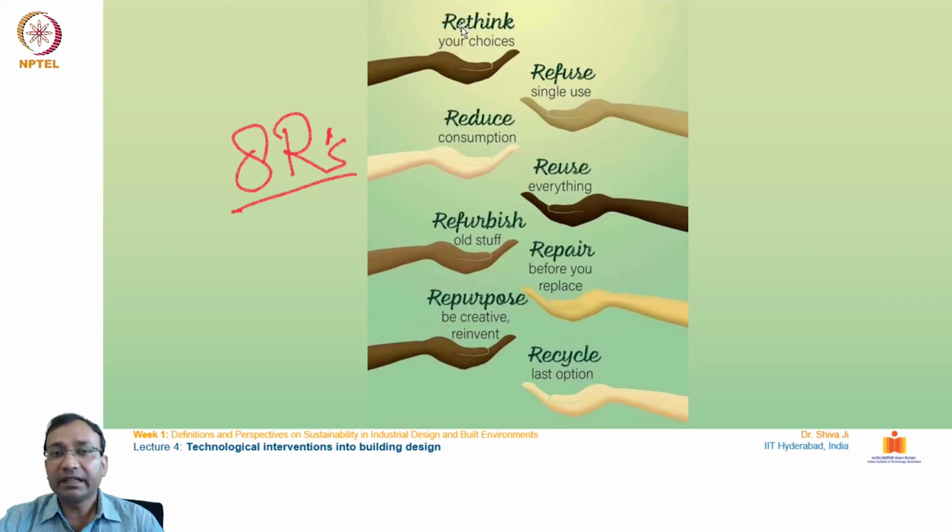First of all, rethinking comes because we have seen in the previous lectures that a lot of things depend on our behavior and our consumption pattern. So we must check our consumption pattern. We must check our behavior. We must act as a responsible citizen who cares about the environment. This is why rethinking has been given over here as the first choice.